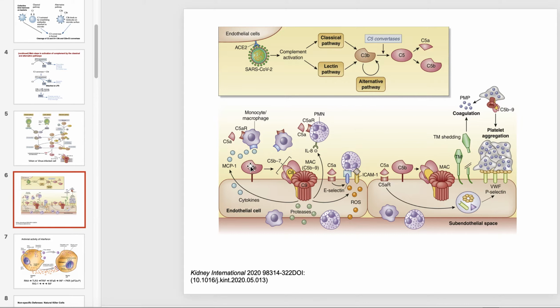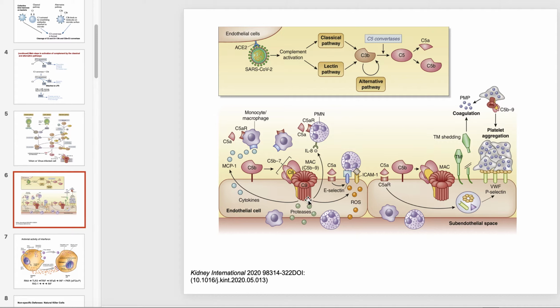And so C5b deposits on, imagine in this particular case, an endothelial cell membrane. So these endothelial cells would be cells that line a blood vessel, for example. So imagine then C5b inserts, and then the other complement components, C6, C7, C8, and C9 form the pore.